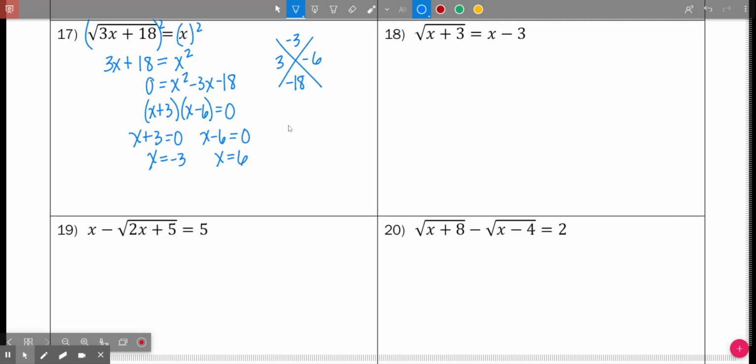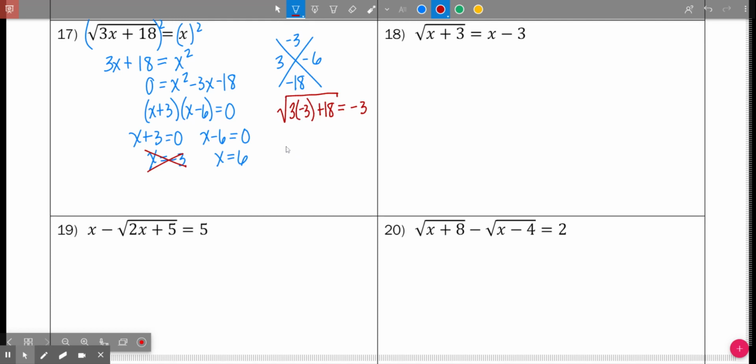But I need to check my answer. So when I put it back into the original equation, I have the square root of 3 times negative 3 plus 18 has to equal negative 3. Well, in this case, a square root will never be equal to a negative. So this is not true. So we say that x equals negative 3 is an extraneous solution.